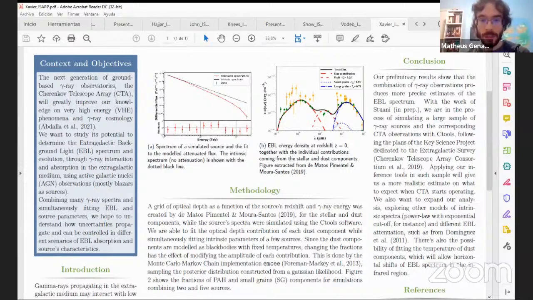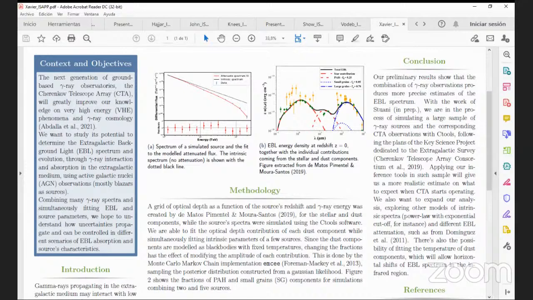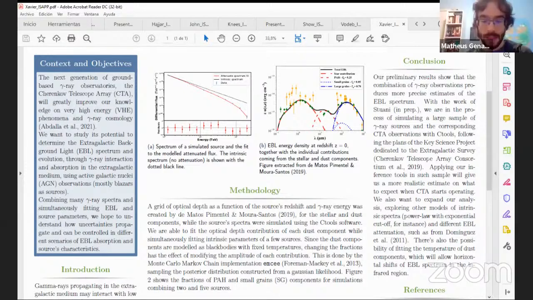Yes, we are working mostly with this Finke EBL model because it has a direct physical interpretation. So we know the contribution of dust components and stellar components. But there's also the Domínguez model, which Domínguez will present in the lecture on Friday, and his model is very utilized in the literature. Although it's very similar in the overall shape, there are some differences, especially in the infrared region.